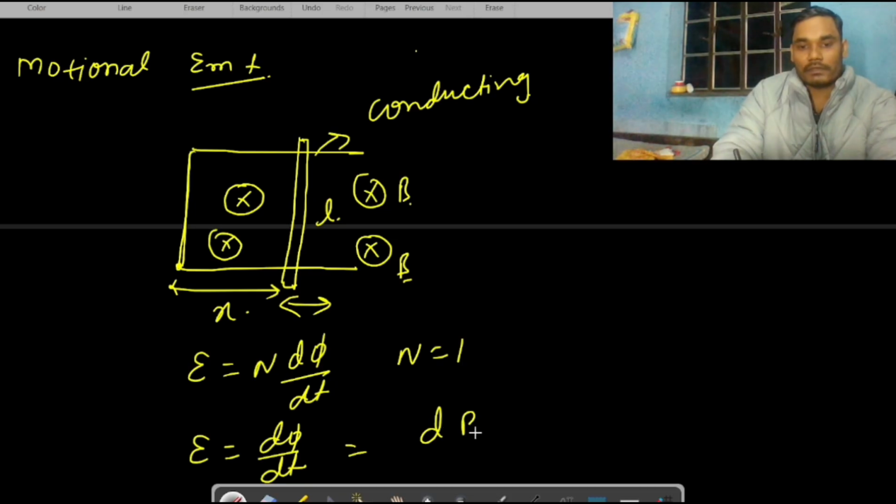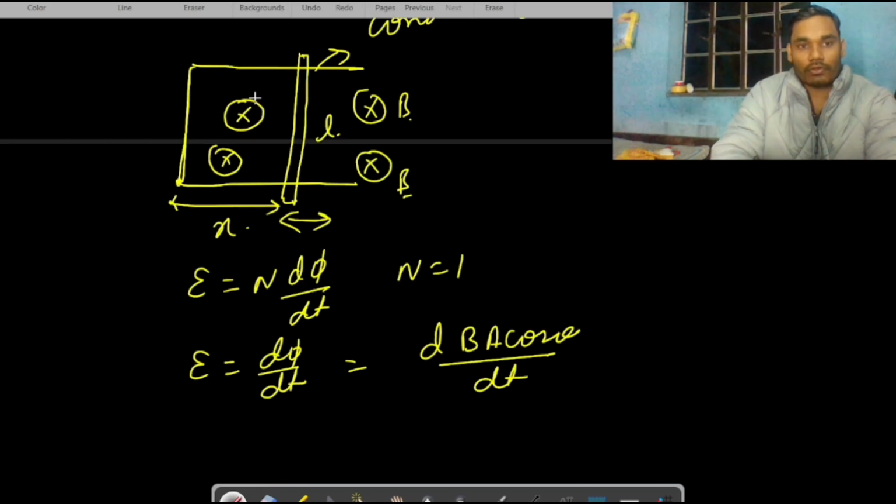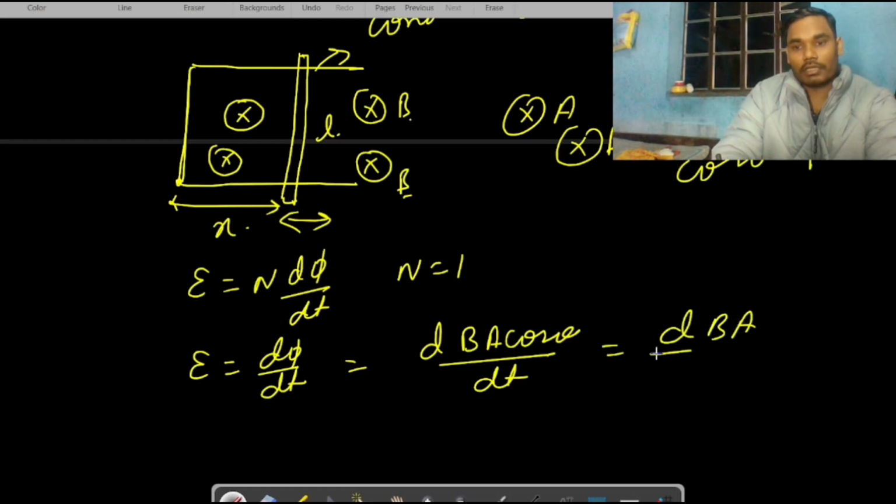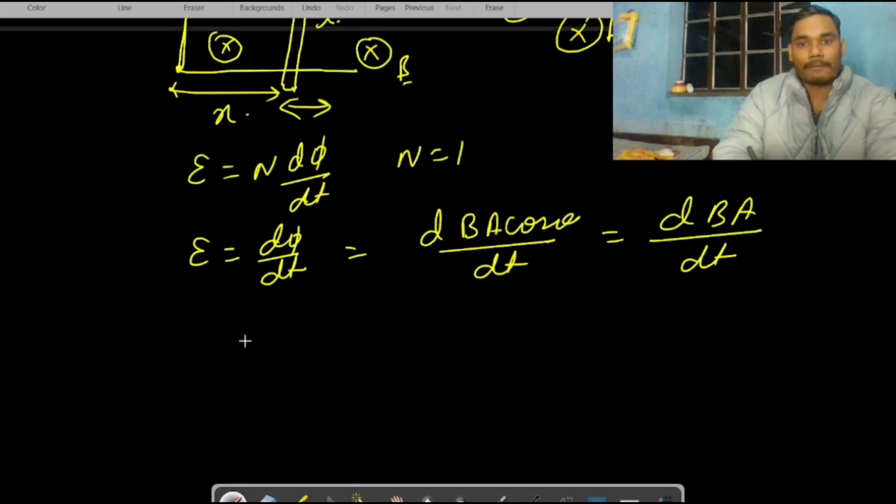Phi is the magnetic flux, so phi will be B dot A, which is BA cos theta. The direction of the cross-sectional area of this closed loop is into the screen, and the magnetic field is also in this direction, so the angle between them is 0, and cos theta will be 1. Now B dA upon dt, since the magnetic field is constant.